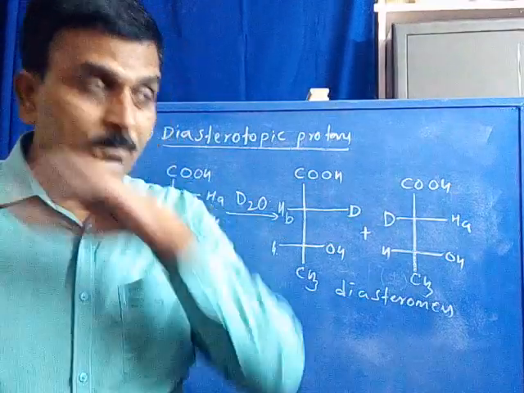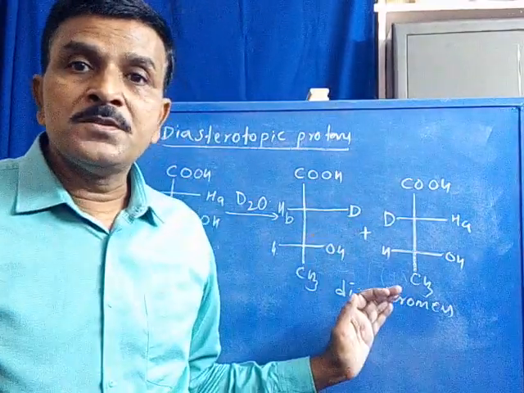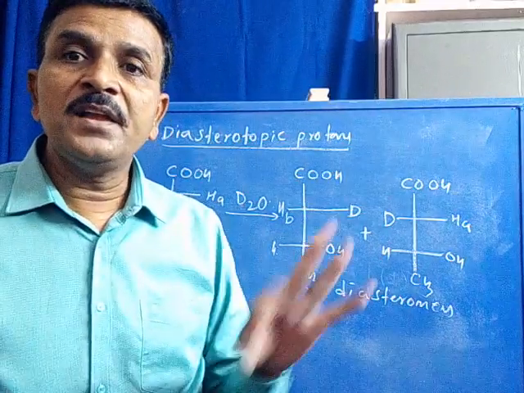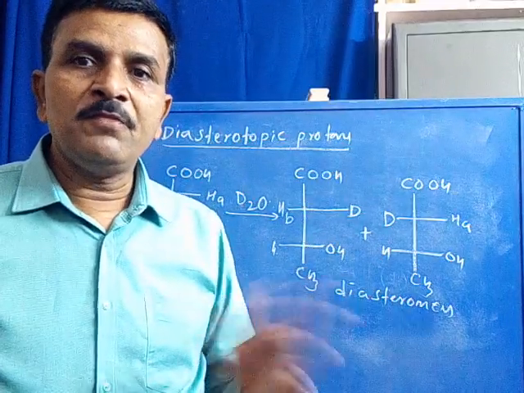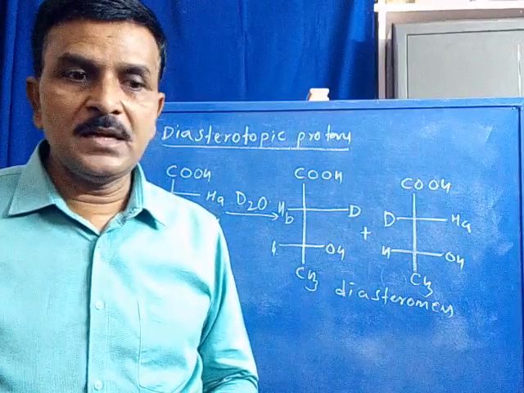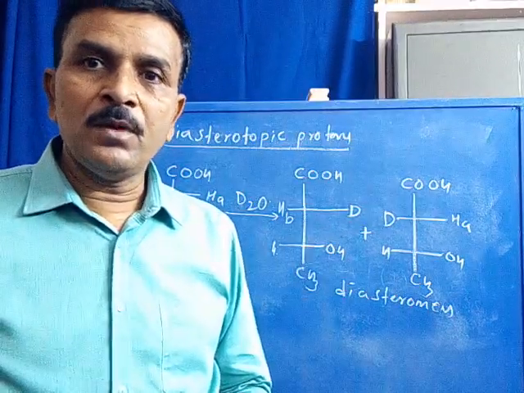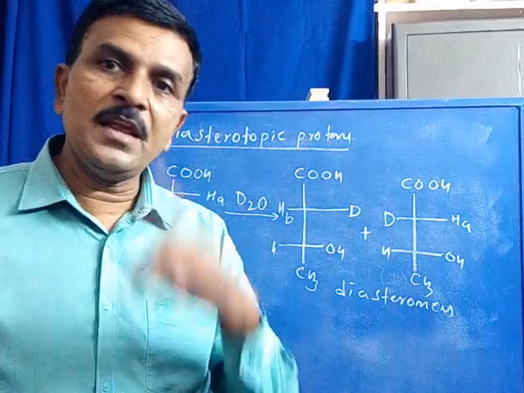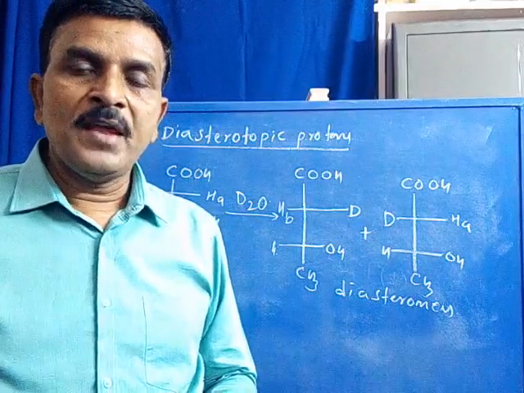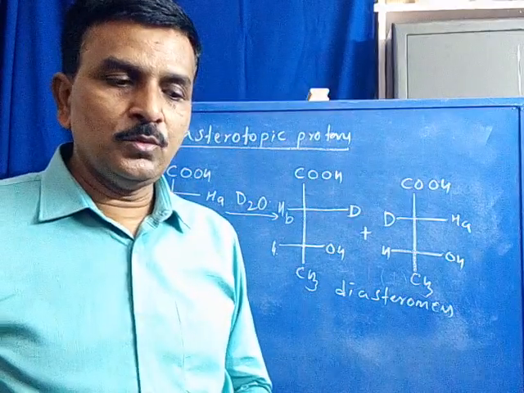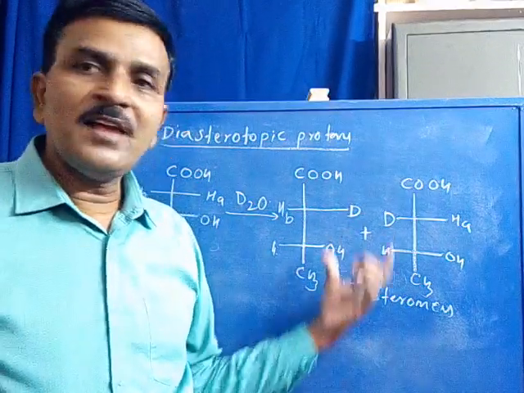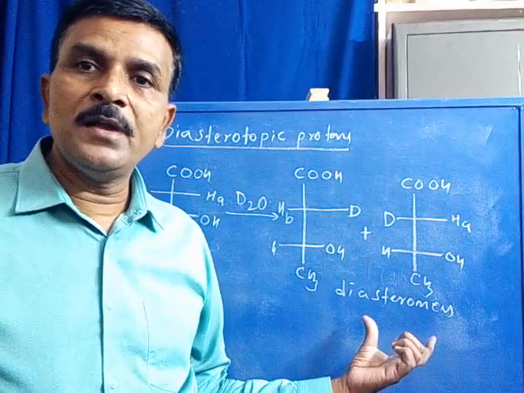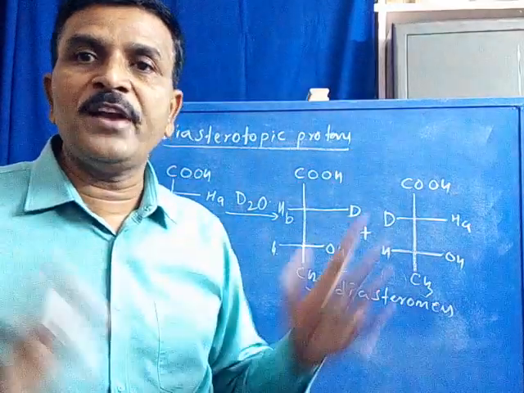Now, the protons existing in the diastereomers absorb energy at different frequencies, therefore appear with more than one signal, whereas in the enantiotopic protons, the signals appear at the same frequency, hence we can observe only one signal. As the spectral properties of enantiomers are the same, whereas for diastereomers the chemical property, physical property, and in addition spectral properties are also different.